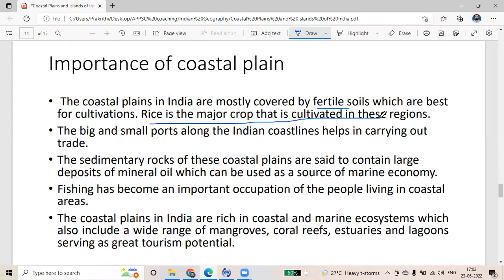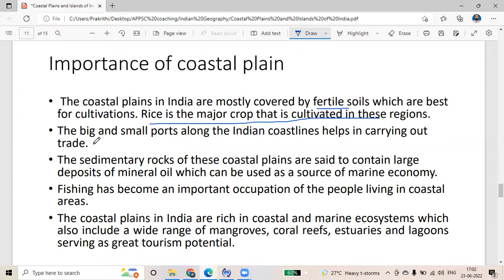After Punjab and Haryana, we have Andhra Pradesh. When we study the five-year plans of India or the Green Revolution, we will hear this name, Andhra Pradesh. Andhra Pradesh has rice cultivation.